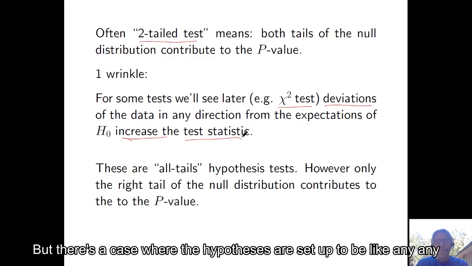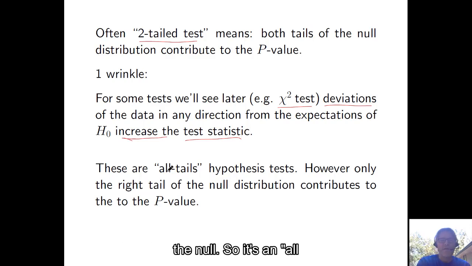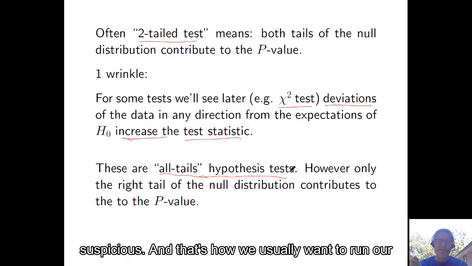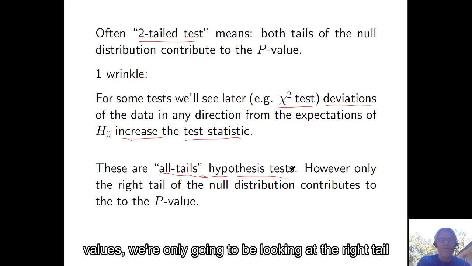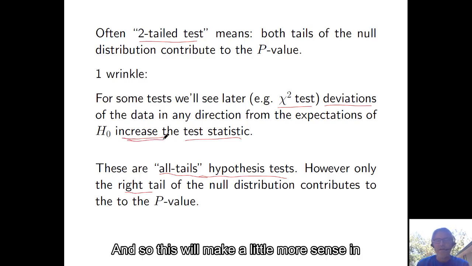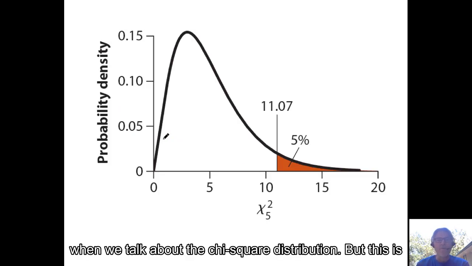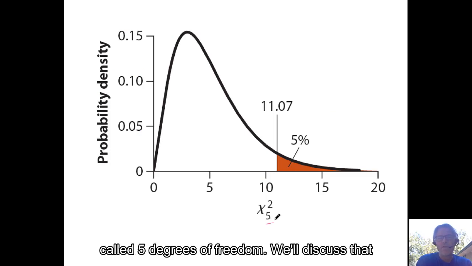But there's a case where the hypotheses are set up so that any direction counts in making us doubt the null. So it's an all-directions hypothesis test. Any kind of deviation causes us to be suspicious. So that's how we usually want to run our test. But when we calculate the p-values, we're only going to be looking at the right tail, because any discrepancy increases the test statistic. This will make a little more sense in chapter 8 when we talk about the chi-square distribution, but this is a chi-square distribution with what's called 5 degrees of freedom.